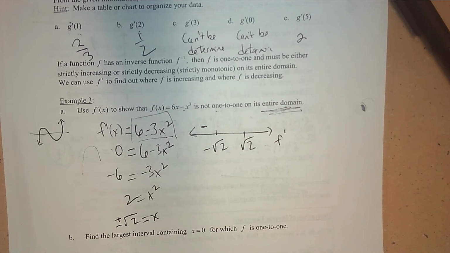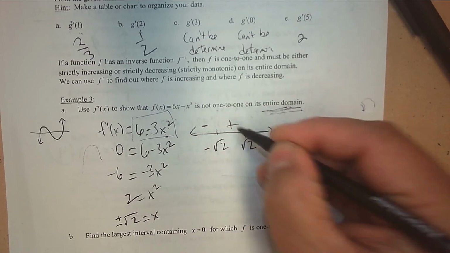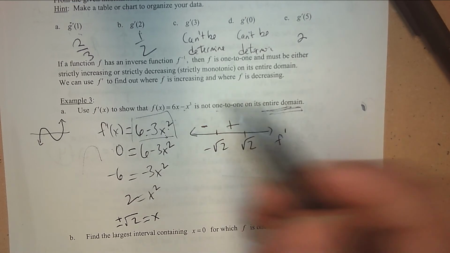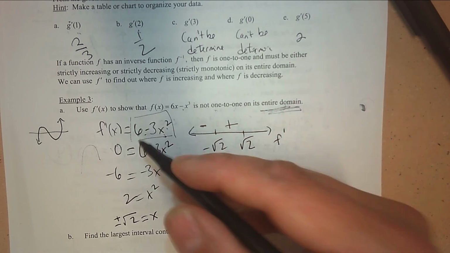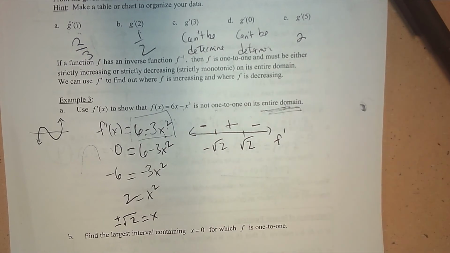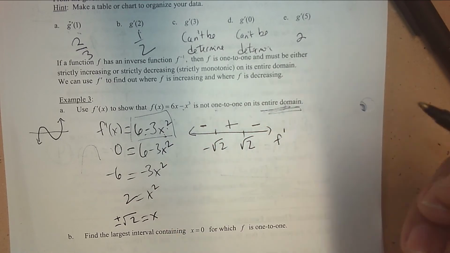Now, what's a nice number between negative root 2 and positive root 2? 0. If I plug in 0, what do you get? 6, right? Good. And plug in a huge number, and the answer is going to be negative. What do you notice? It's not monotonic. Why? Because it switches.